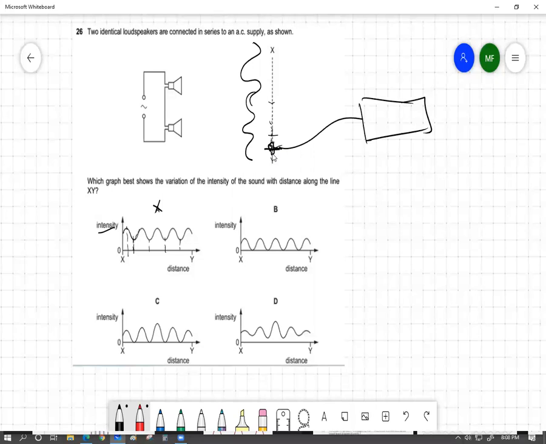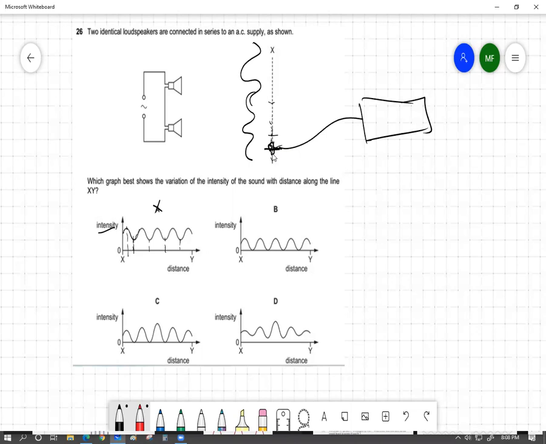What do you think? Sir, pitch. No, not pitch. It's the loudness. Two waves canceling each other out, so you're having no waves remaining, so you are not going to hear the sound. Two waves adding on to each other, so you are having a much bigger amplitude.